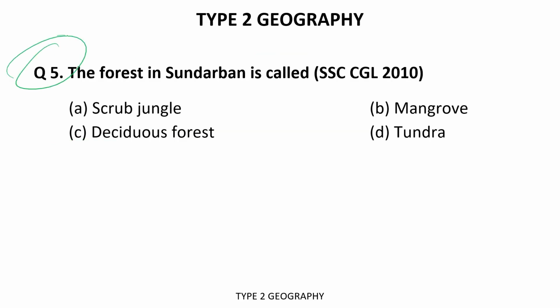Now we have the fifth question, which mentions the Sundarban. The question is, the forest in Sundarban is called what? Now you have only 20 seconds because again there is not much explanation about this question. Your time starts now.